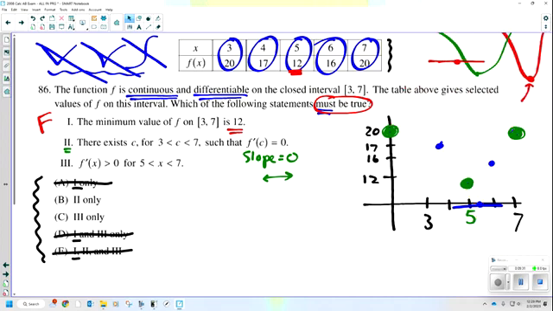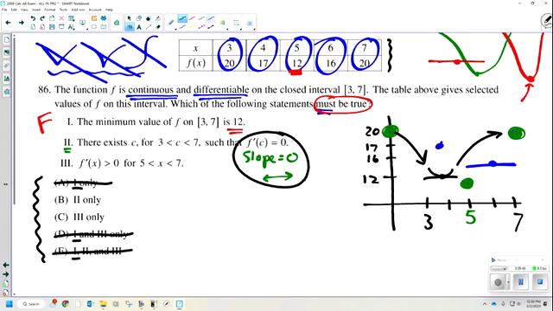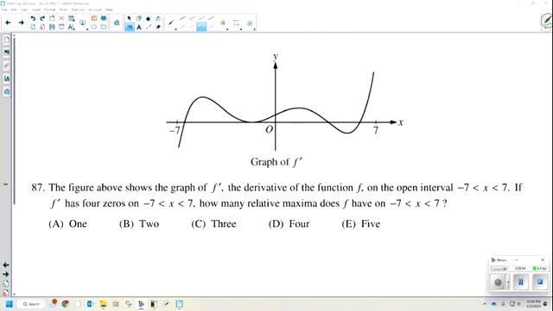Because I don't have a corner or a cusp, it's differentiable everywhere. At some point, my slope's got to go down, and then it's got to turn to come back up to finish here. So at some point, I have to have a slope that's 0. This number 2 is absolutely true. That means it's choice B.